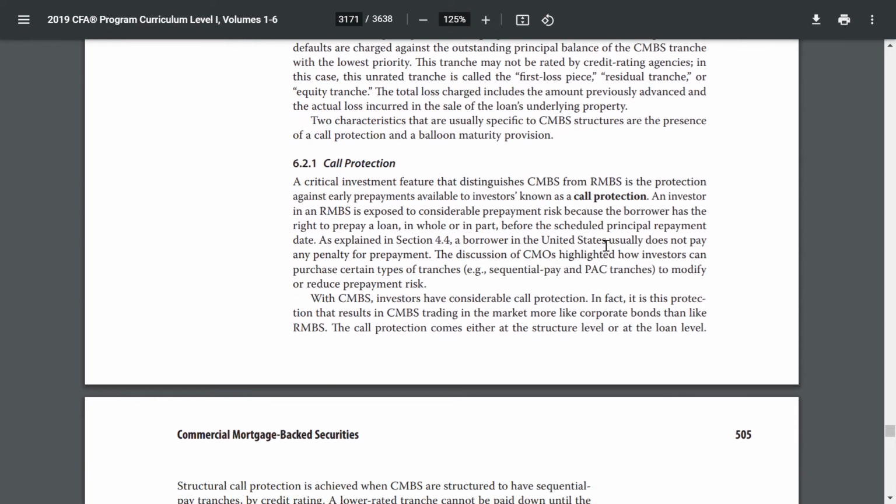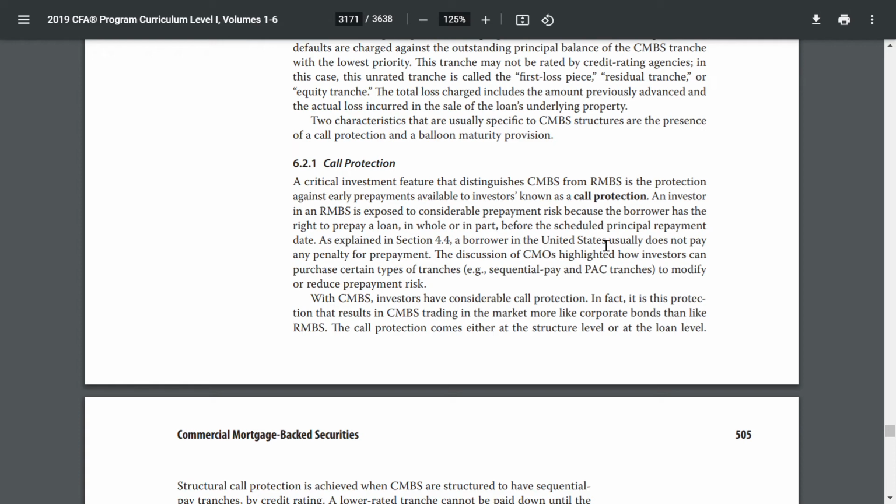Call protection. A critical investment feature that distinguishes the CMBS from RMBS is the protection against early repayment available to the investors, known as call protection. An investor in the RMBS is exposed to a considerable prepayment risk because the borrower has the right to prepay a loan in whole or in part before the scheduled principal payment date.